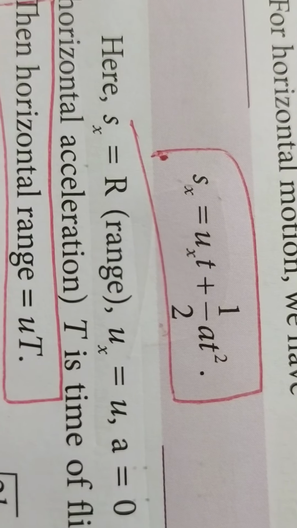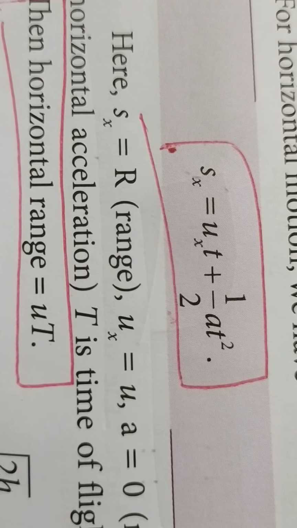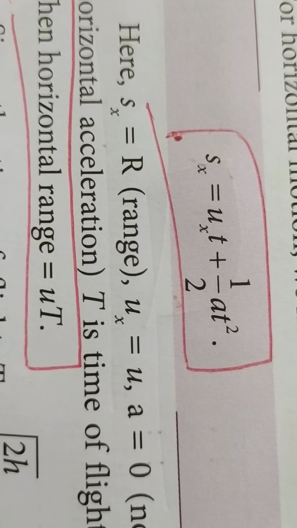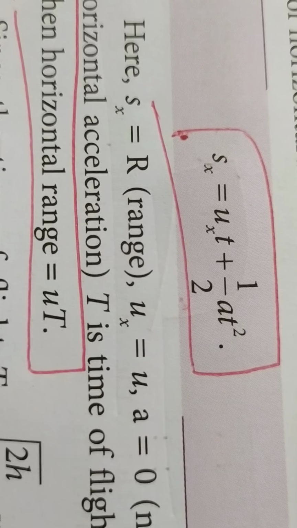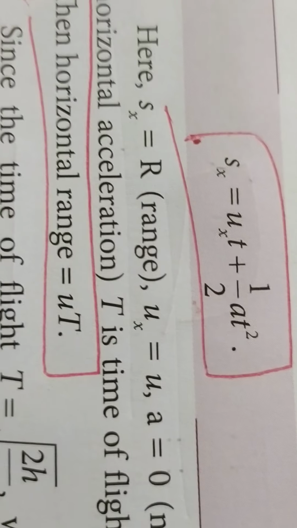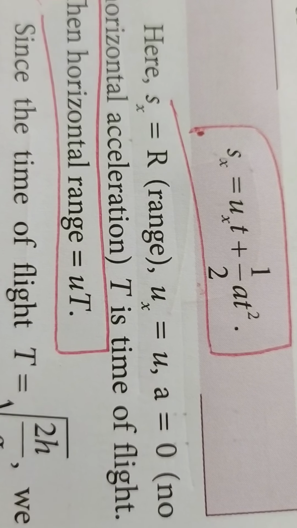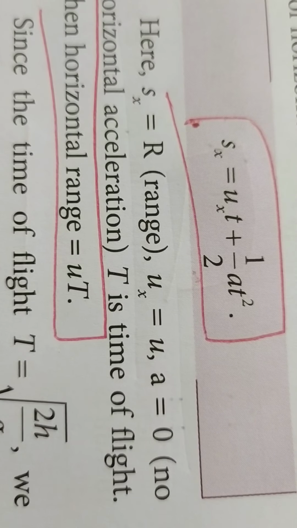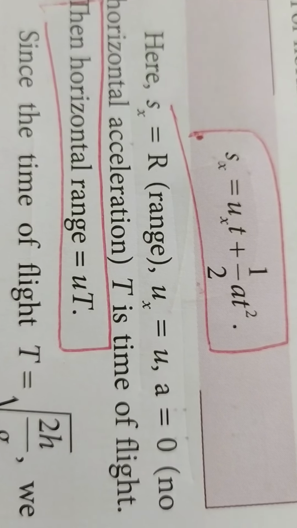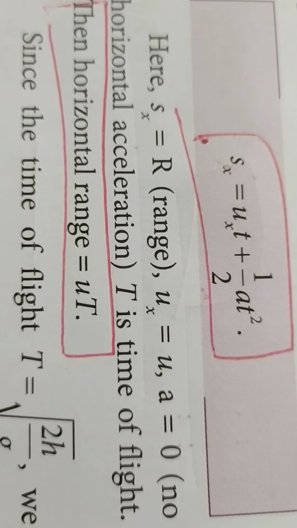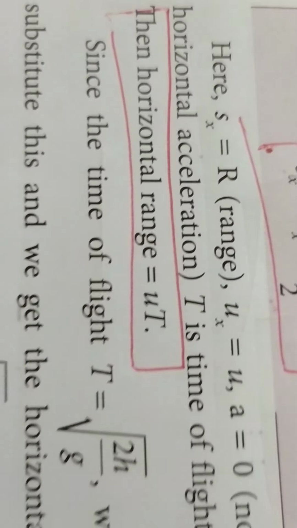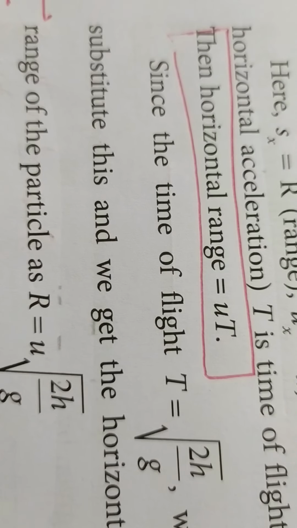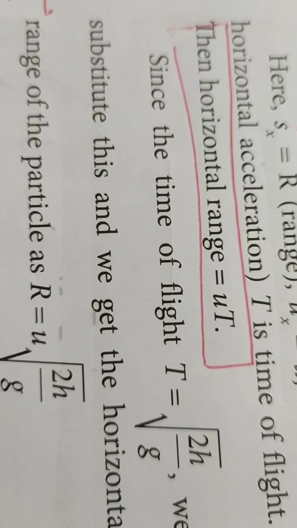So x is equal to u_x t plus half a t square. Whenever you measure the distance in the horizontal direction, you should use the suffix x. Here s_x is equal to R, called range, u_x is equal to u, and a is equal to 0, because there is no horizontal acceleration, and t is the time of flight. Range is equal to u into t, because any distance is given by velocity into time.